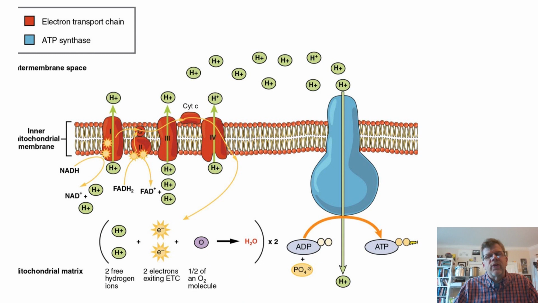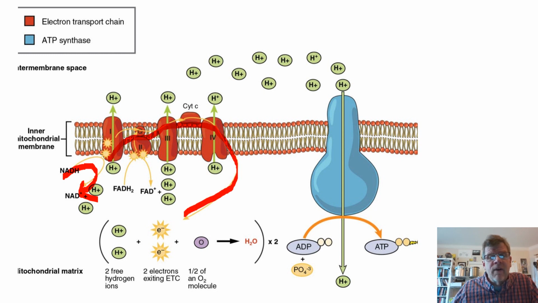So what follows are just 2 more slides of the exact same thing we looked at, just written a little bit differently. Again, over on the left-hand side, NADH cycling to NAD allows the electrons through 3 of those transmembrane proteins, forming water with an oxygen atom.